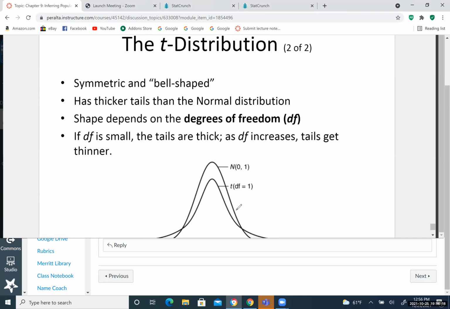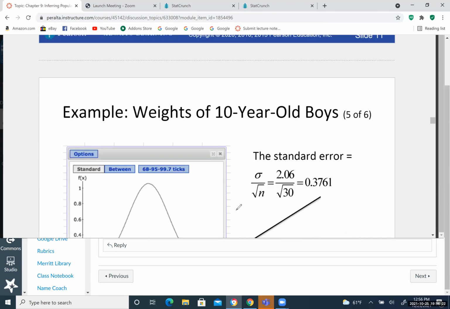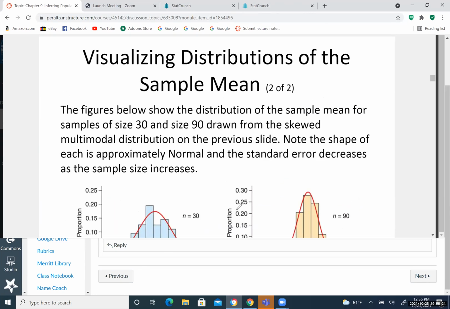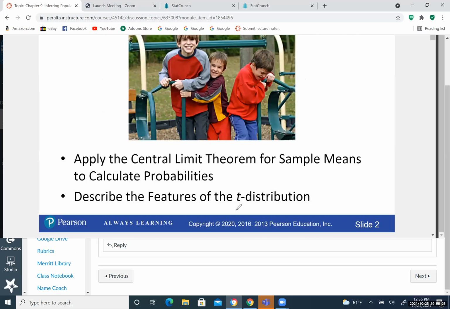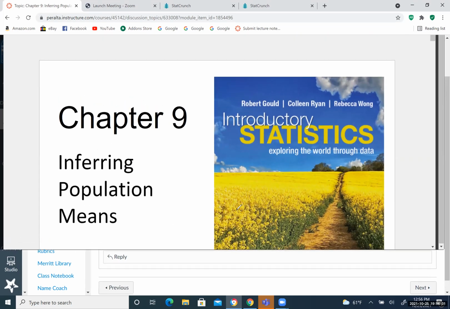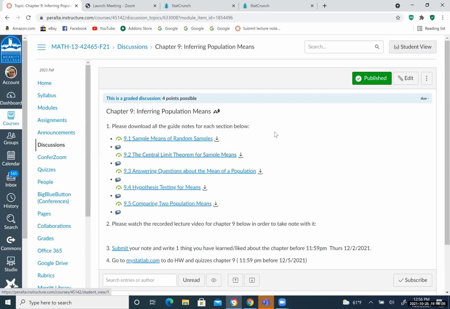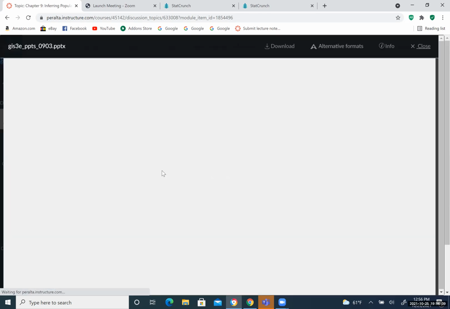Okay, it looks like it's 9.3 now. Again, if you have any questions, please email me, let me know, and I will answer your question. Since we're talking about that, let me see if I can go over 9.3 right now.